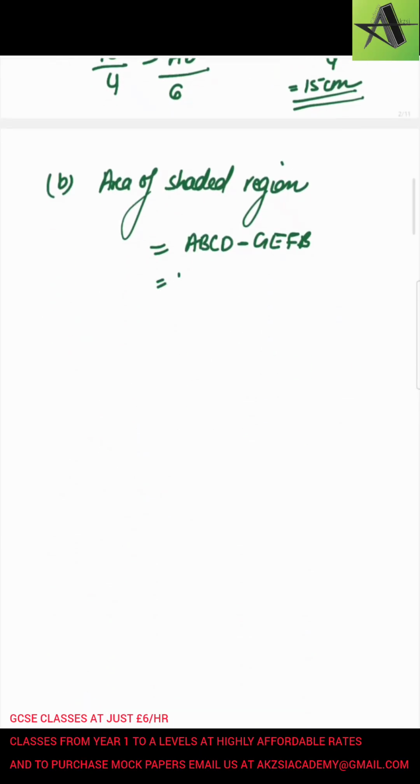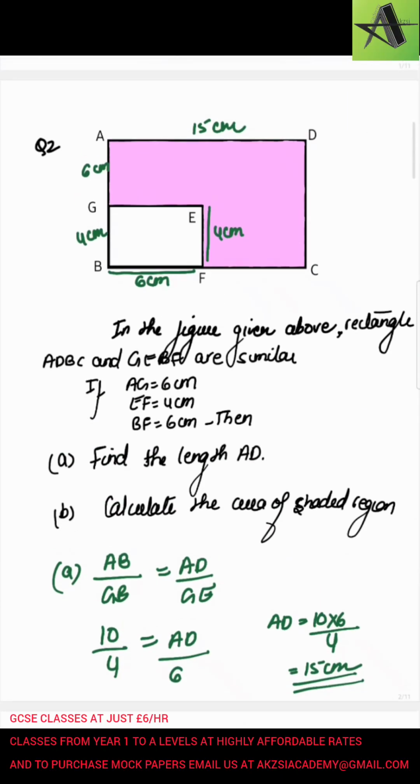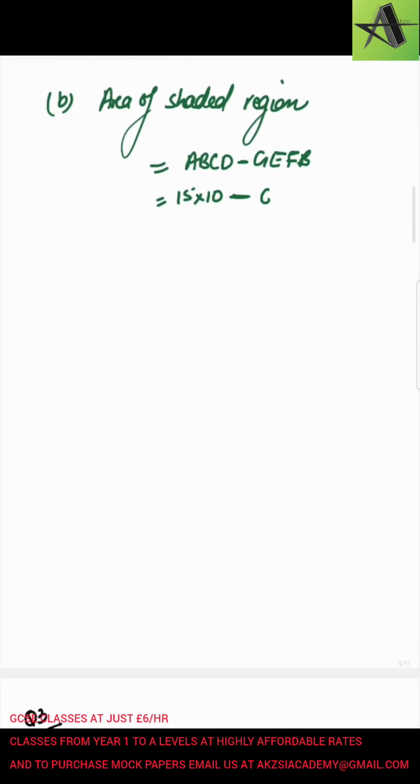So the area of ABCD is 15 times 10, minus the smaller one, whose length is 6 and width is 4. So the area of this smaller one will be 6 times 4. That is 150 minus 24, which will give you the answer as 126 centimeters squared, and this is basically the area of your shaded region.